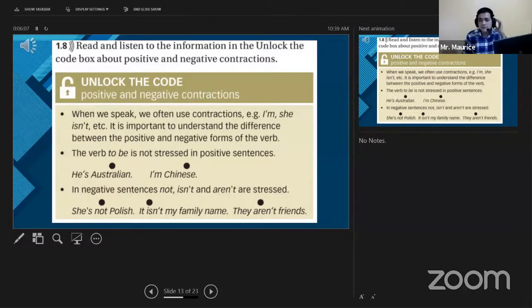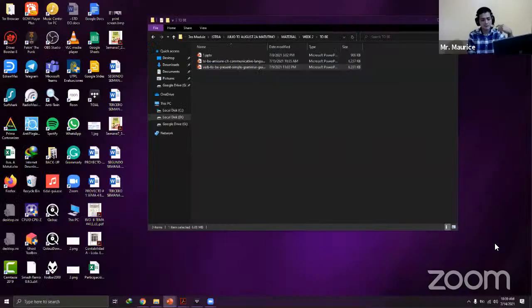1.8. Positive and negative contractions. When we speak, we often use contractions. For example, I'm, she isn't, etc. It is important to understand the difference between the positive and negative forms of the verb. The verb to be is not stressed in positive sentences.